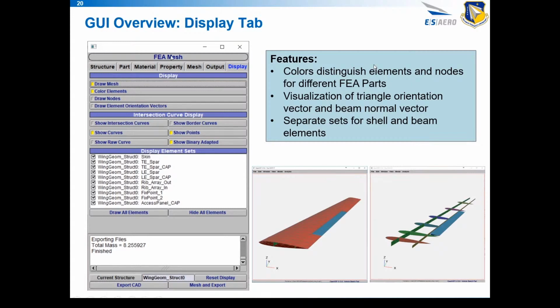We then have intersection curve display information. So this is really important, especially for trimmed CAD exports. If it doesn't work for some reason, you could come in here and try to take a closer look at some of those intersection curves and see if something went wrong. Things to look out for are jagged intersection curves, gaps in your intersection curves, things like that.